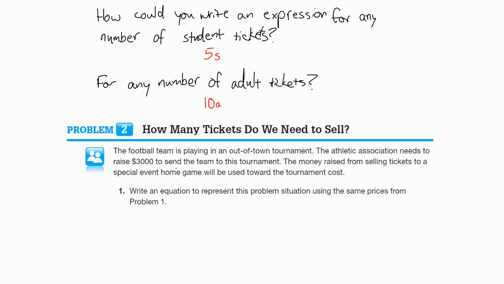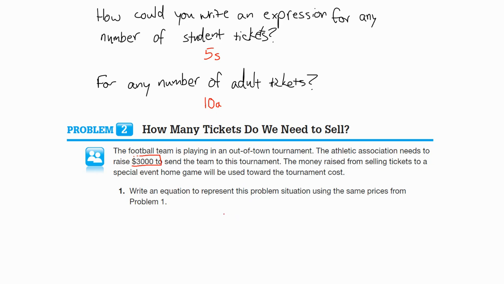So what if we know now the total that we need to raise for this game? The football team is playing an out-of-town tournament. The athletic association needs to raise $3,000. That's the goal in order to send the team. So they're going to have the game, and they want to raise $3,000. How could we write an equation using the information above to get to the total of $3,000?